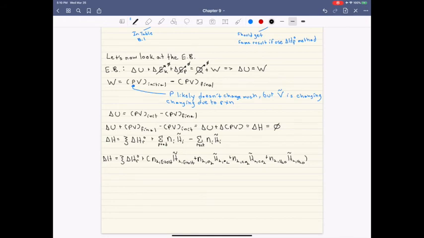And then we subtract off everything that was fed into the system. N1 ethanol, N1 oxygen, and then also the water.